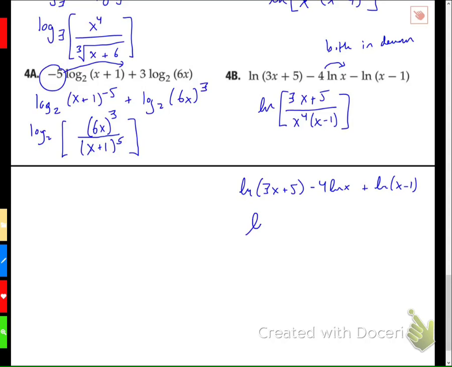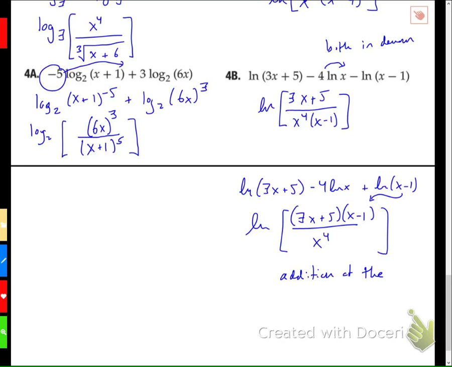Okay, if that happens, the 3x plus 5 goes on the top, the x to the 4th goes on the bottom, but x minus 1 also goes in the top. Okay? So if there's addition at the end, even if you've already started writing things in the bottom, in the denominator, it still needs to go back up into the numerator.